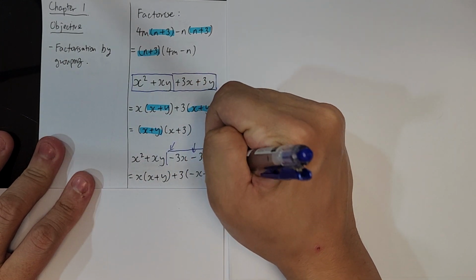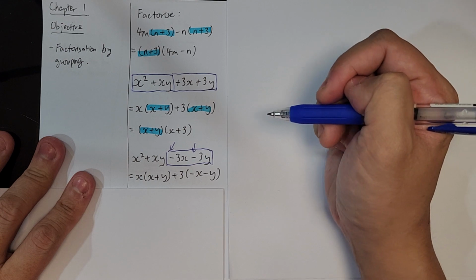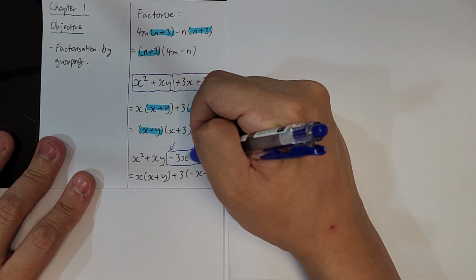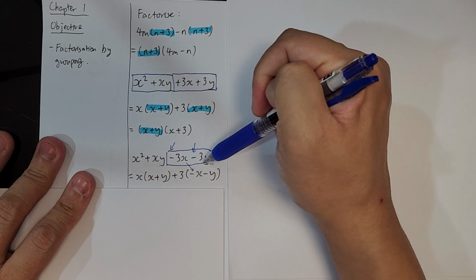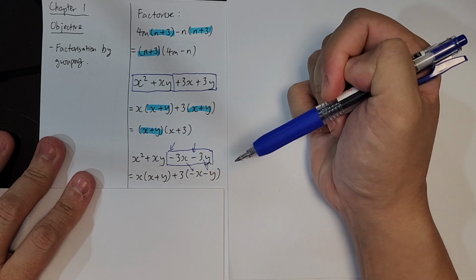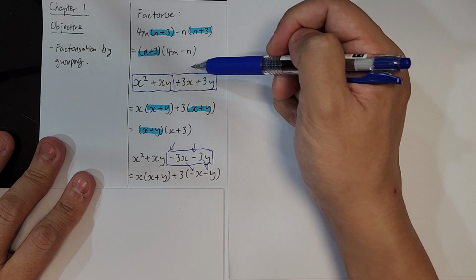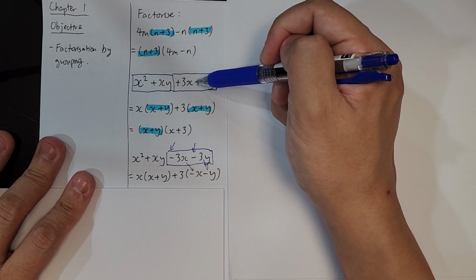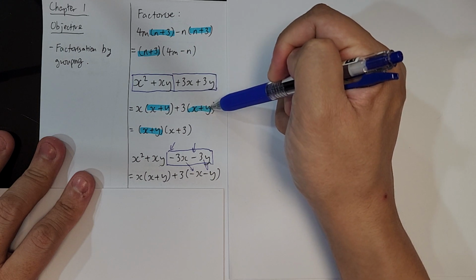If I look at the last 2 terms, the signs follow. The 3x is a negative 3x, so it will follow, and negative 3y follows the negative sign. In the previous example, it is a positive 3x, so positive x, and positive 3y, so positive y.